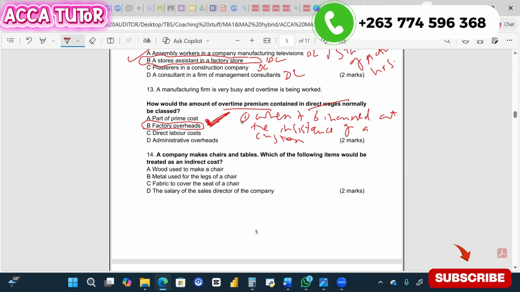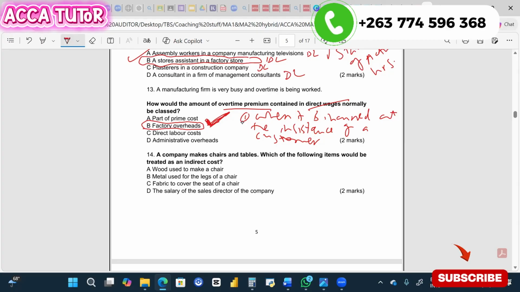Sometimes a specific customer comes and says, I want my order to be complete by Friday, please. Your people should sleep on the machine. They should spend the whole night, weekend on the machine. So that type of overtime is going to be part of direct labor.